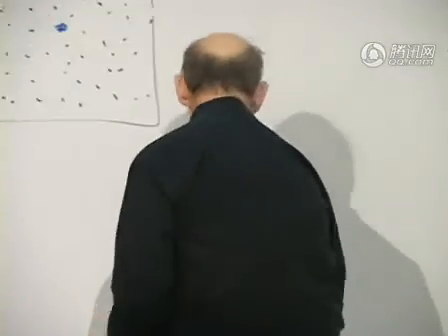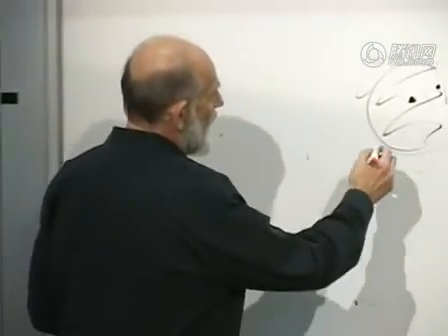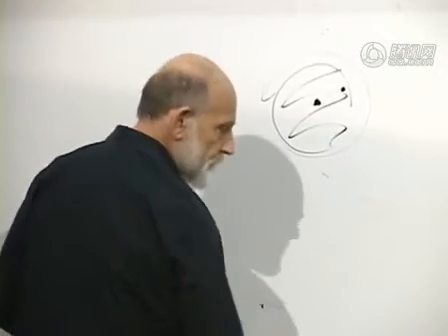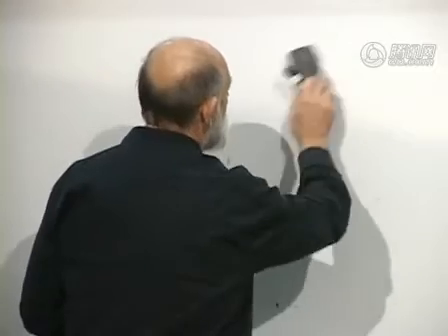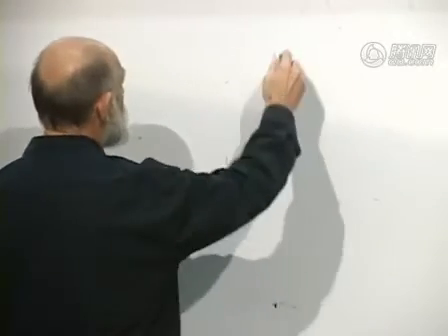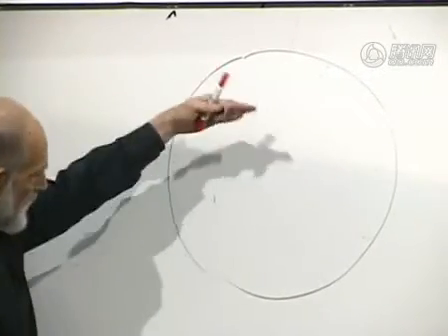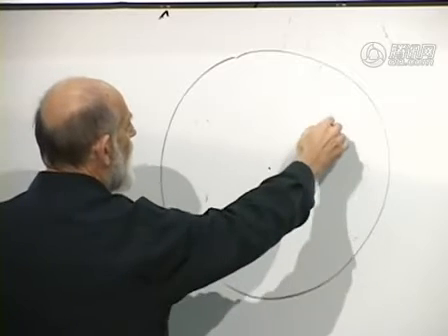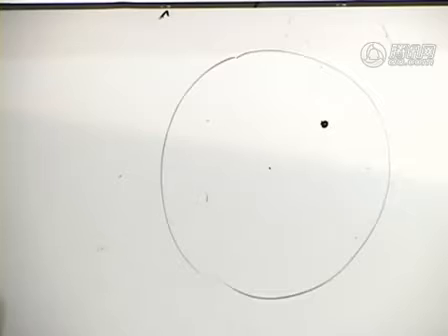Let's draw this carefully. We have a distribution of matter which is spherically symmetric. It doesn't have to be uniform. It just has to be isotropic relative to the center. And we place a particle over here. What is the gravitational force on that particle?